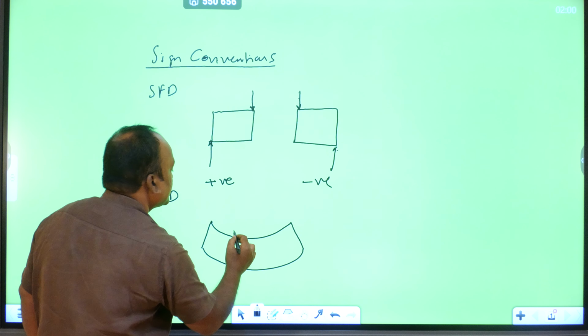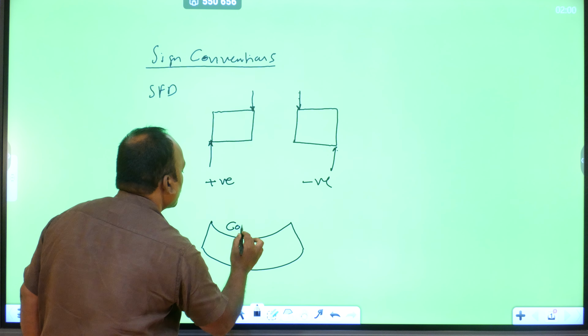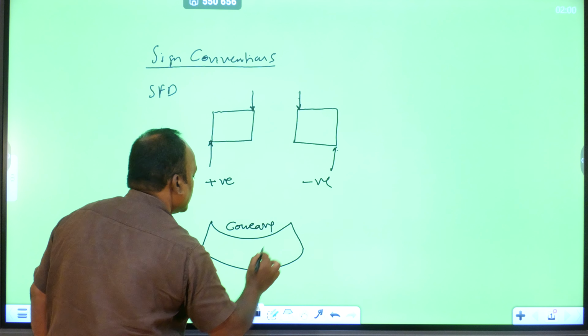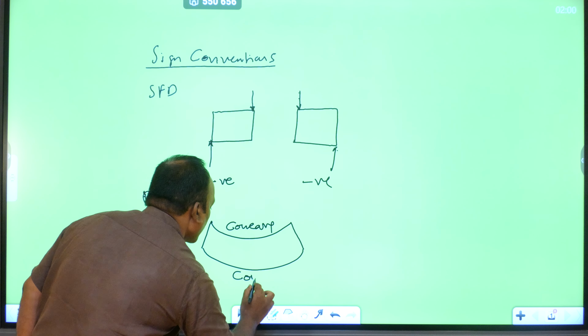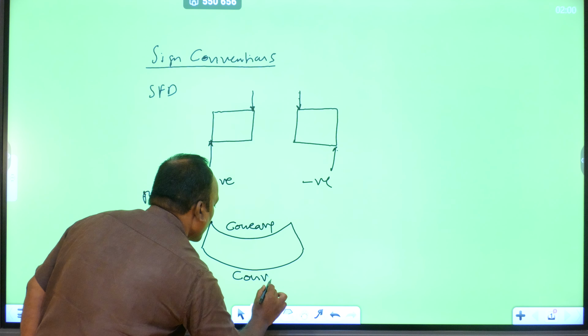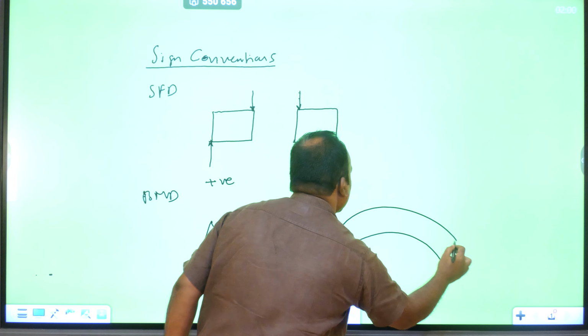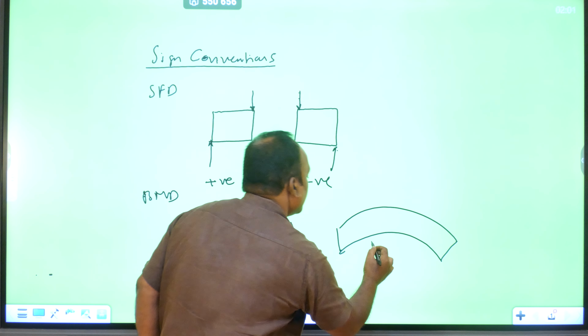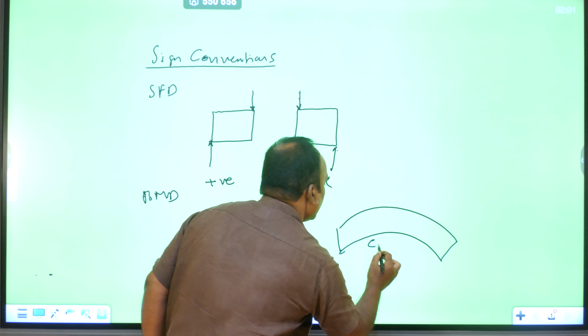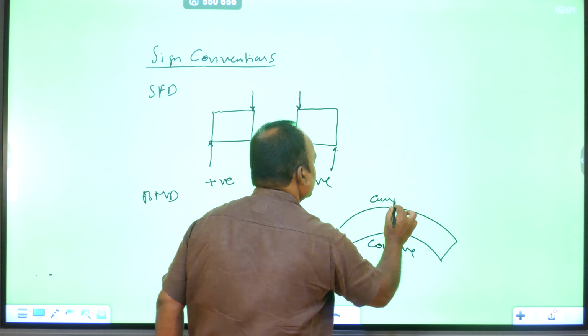The upper curvature is concave. The lower curvature is convex. In case the beam curves in the downward direction, this is convex, this is concave.